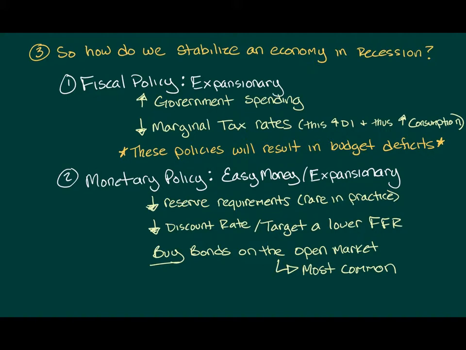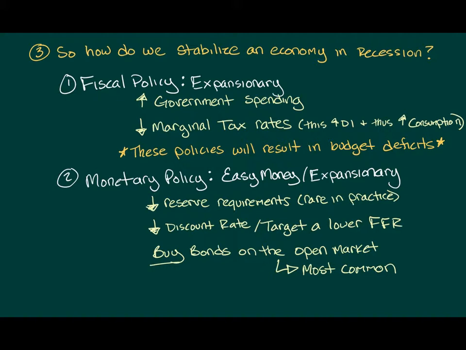And so in this case, we're going to presume that when the Fed purchases bonds, they're taking dollars that weren't in circulation because they were sitting at the Fed and putting them in circulation through commercial banks, which will then make loans, and through the process of multiple deposit expansion will grow the money supply. So your 3 big monetary policy changes: lower reserve requirements, lower interest rates, be they discount or the federal funds rate, and the open market purchase of bonds, sometimes referred to on the exam as securities.